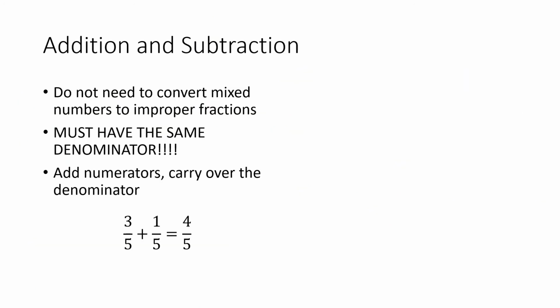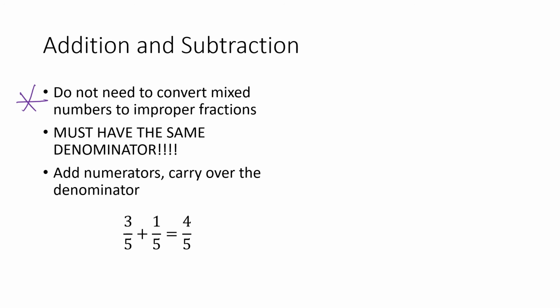So now that we've covered multiplication and division, let's get into adding and subtracting with fractions, which I think is the more complicated of our 4 functions, mostly because we have to have common denominators. So for adding and subtracting, we don't need to convert mixed numbers to improper fractions.